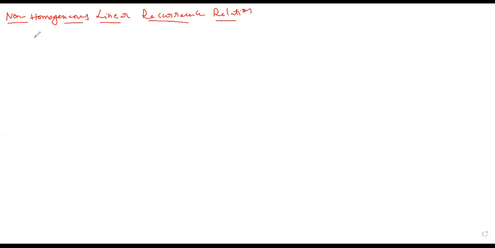Suppose, for example, the general form of the non-homogeneous linear recurrence relation. Now onwards, I will write simply non-homogeneous linear recurrence relation.